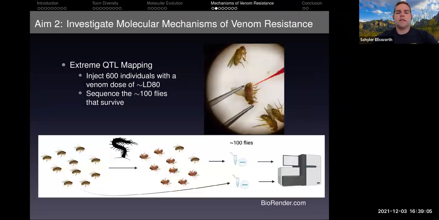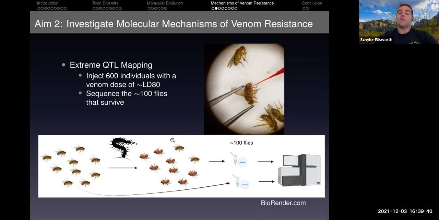And so to determine the mechanisms of venom resistance, the experimental design that I used is called an extreme quantitative trait loci mapping experiment, where I took about 600 individuals of fruit flies, which we can see here in the top right, and I injected each of them with a dose that's supposed to kill about 80% of those that are injected with it, so a lethal dose 80. So we take a group of flies, we inject them with this lethal dose 80, and we have about 20% of those flies survive.